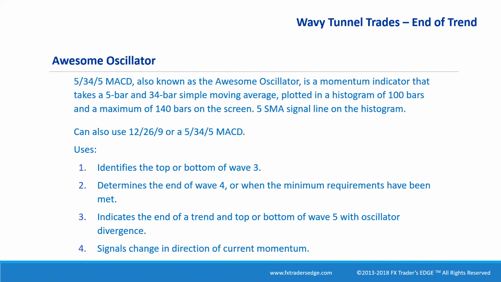The reason why we like to have between 100 and 140 bars on the screen is because that tends to capture the 5-wave sequence where we can see the divergence between waves 3 and 5. There's a lot of testing done on this front. Bill Williams did a lot of testing to show that 100 to 140 bars seem to capture the 5-wave sequence quite nicely with wave 3 and wave 5 divergence.